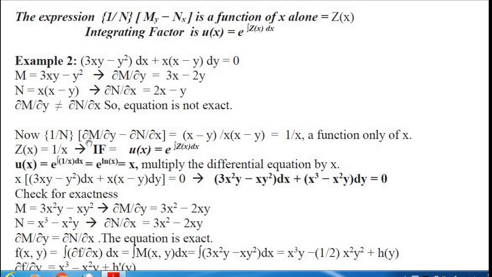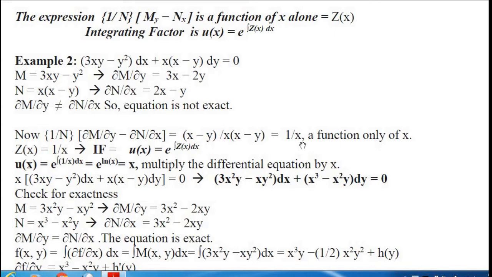And now 1 by N into dou M by dou y minus dou N by dou x equals, from here you subtract these two, getting x minus y divided by N, which is x into x minus y, getting the answer as 1 by x.